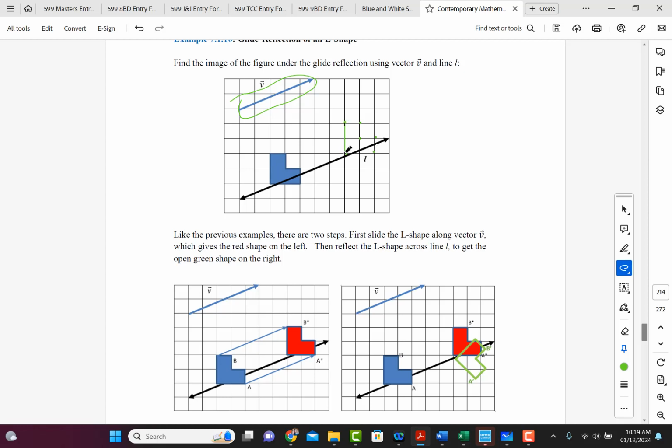Okay, so we get this. And I'm trying not to look at the figure below. So trust me, I'm just doing this. So it looks like that.